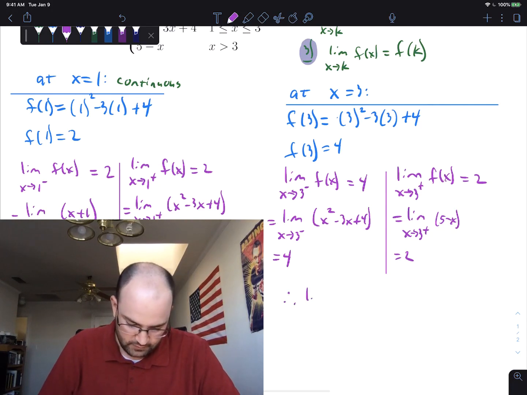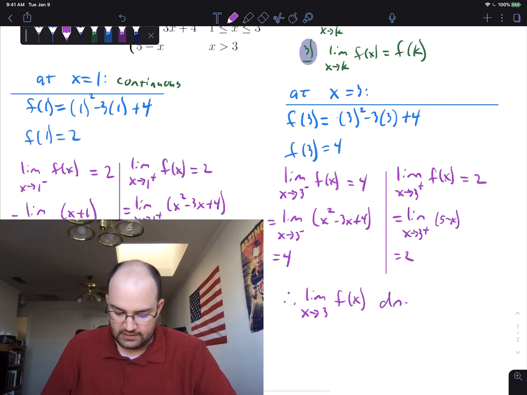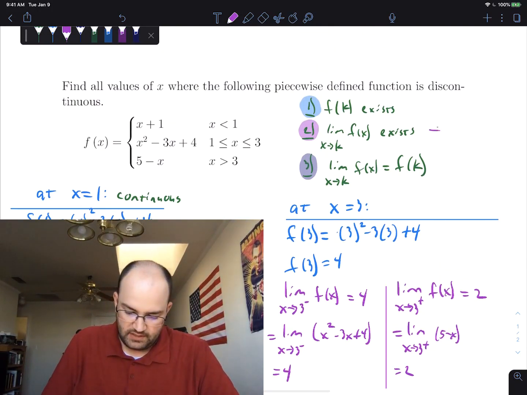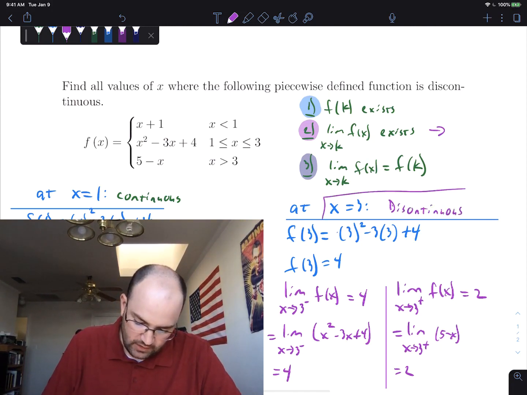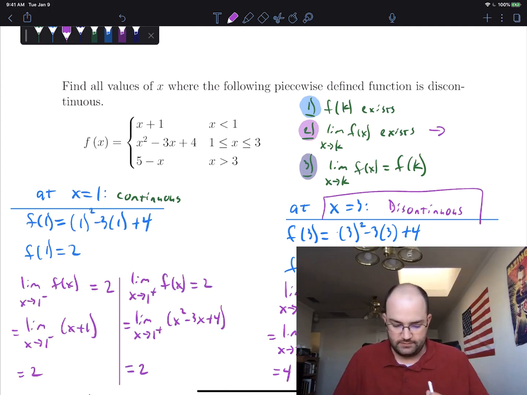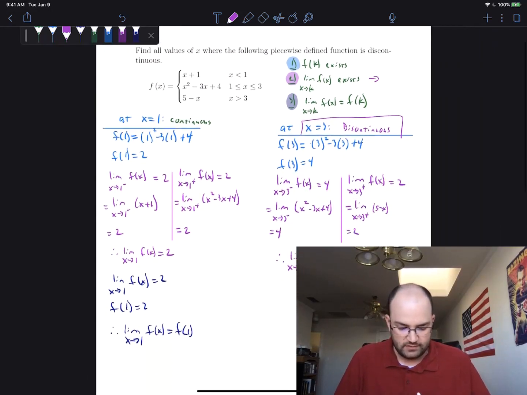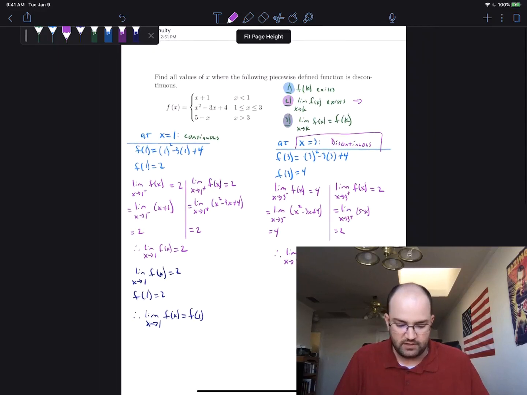So the limit as x approaches 3 for the function f of x does not exist, DNE. Which means that because of this second condition, at x equals 3, it is discontinuous. And this is the only place where this is discontinuous, because everywhere else, it was guaranteed to be continuous because it was polynomial.